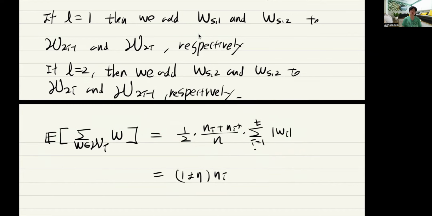And then we want to claim concentration, meaning that with high probability this number is very close to its expectation.